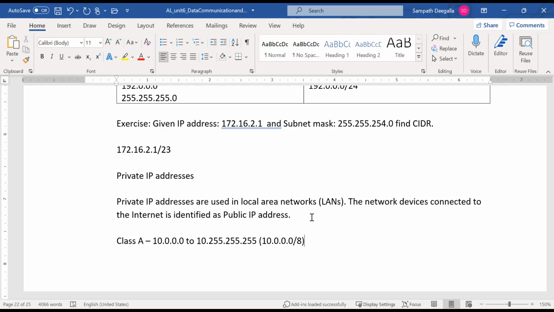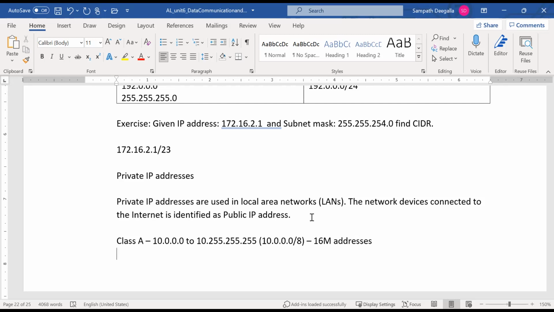We have the first 8 bits for the network bits, and the remaining we have 24 bits, which means we will get about 16 million addresses.